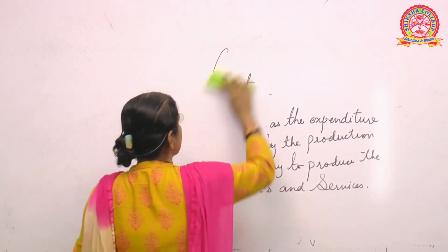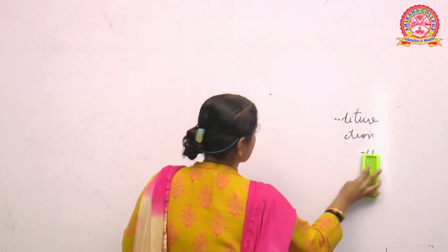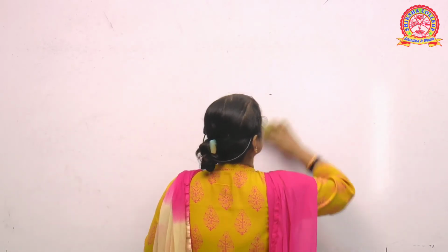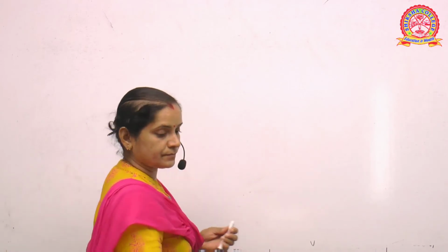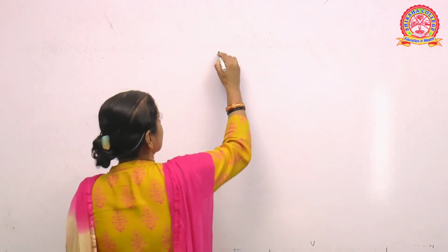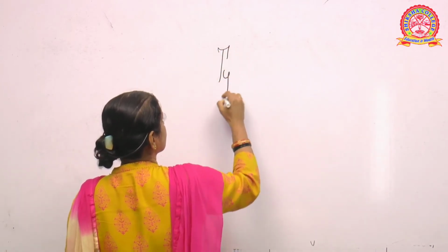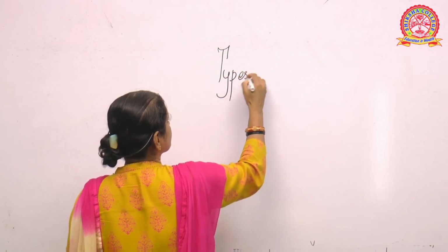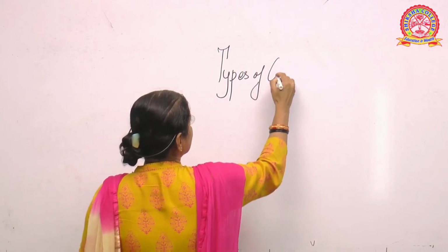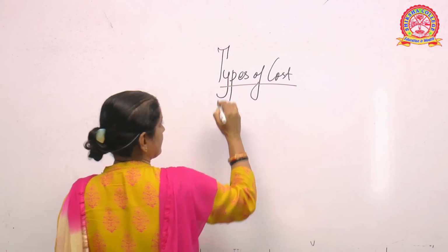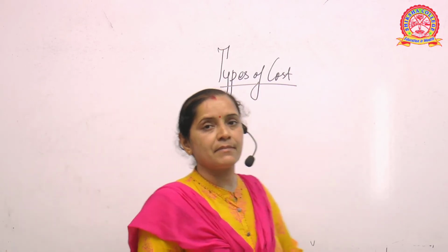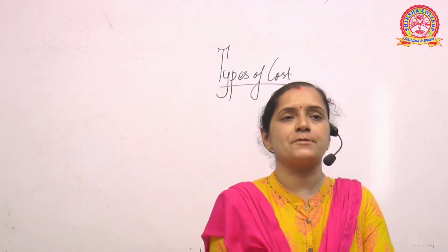Now let us understand what are the different types of cost. Types of cost. I hope you are clear with the definition. See, it is very simple. When we are saying cost, it means some kind of expenditure. We are talking about the expenditure.